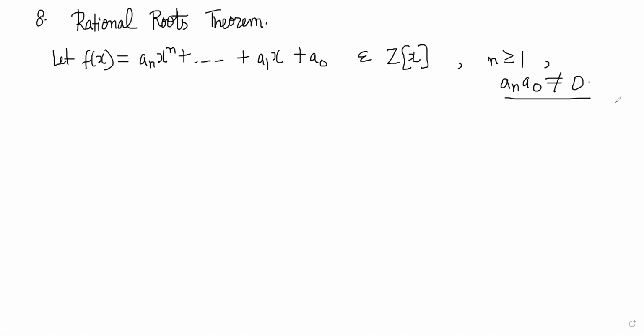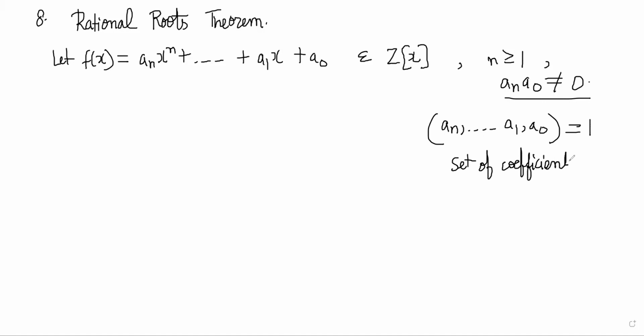We also have a condition here that the GCD of all of the terms a_n, ..., a_1 and a_0 is 1. So the set of coefficients have GCD 1.